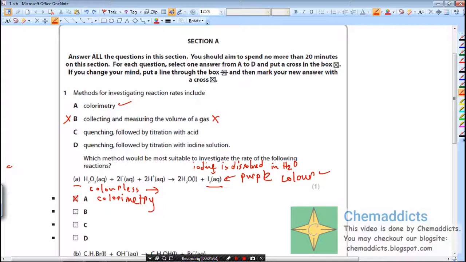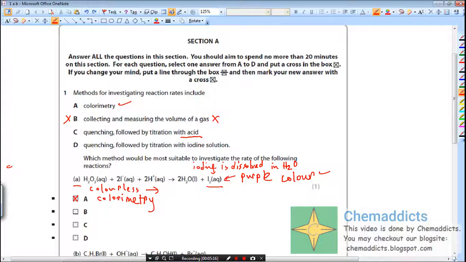Let us see why option C is not a suitable method for investigating the rate of this reaction. Quenching followed by titration with acid. They say that we will titrate this solution with acid.